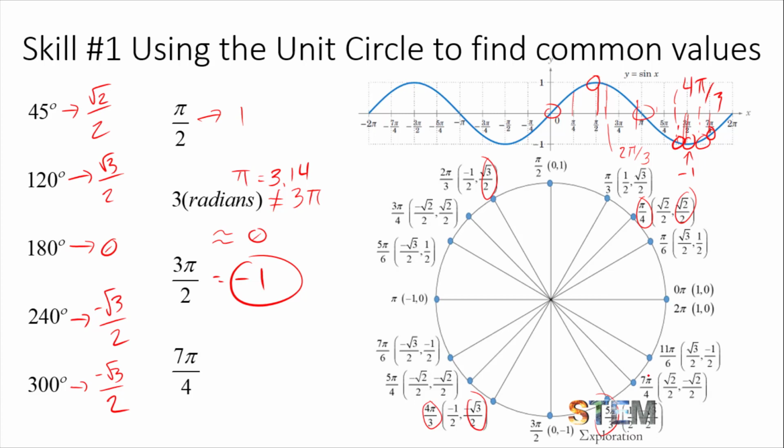Well, if we look at 7 pi over 4 on our unit circle, assuming a radius of 1, then the amplitude of 1 corresponds to that. This is negative square root of 2 over 2. Okay, so some of the stuff that we've been looking at all correlates and corresponds to the given situation that we're looking at.